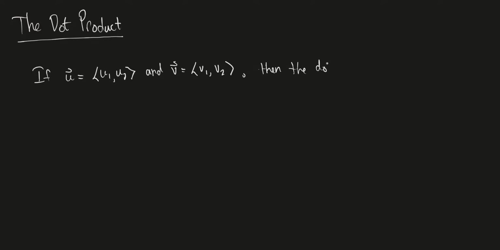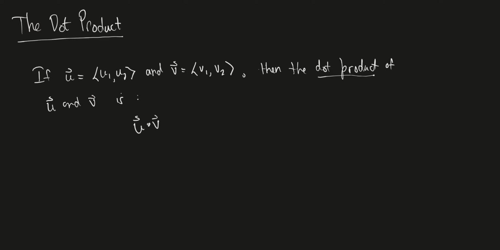So let's go ahead and define the dot product, and I'll do it for both R2 and R3. So if u is the vector u1, u2, and v is the vector v1, v2, then the dot product of u and v is denoted with a dot in the middle.